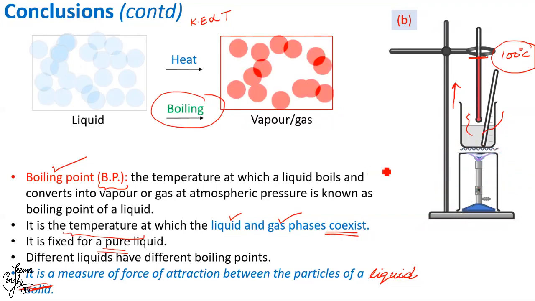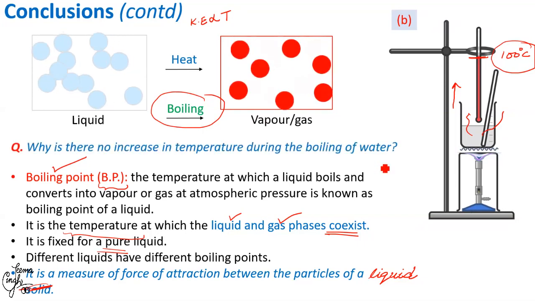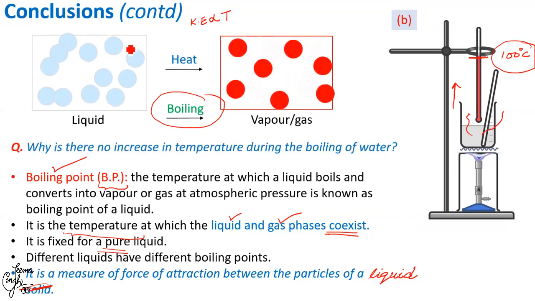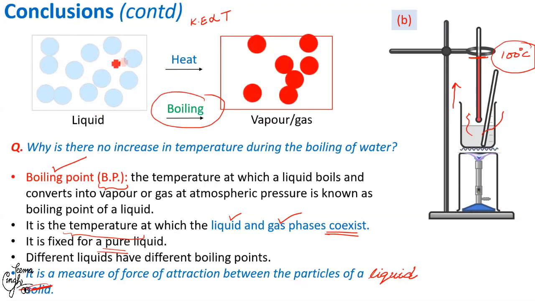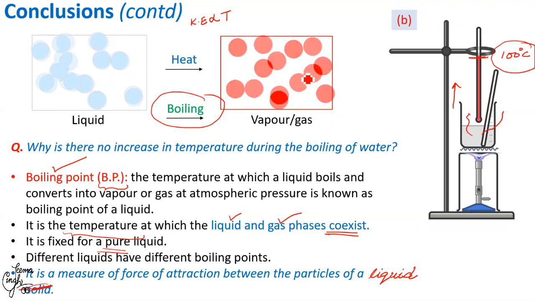Now I'm sure you can reason out where that heat energy, which seems to be hidden, actually is being used. Yes, it is being used in overcoming the force of attraction between the particles of water so that they can convert into vapor form.